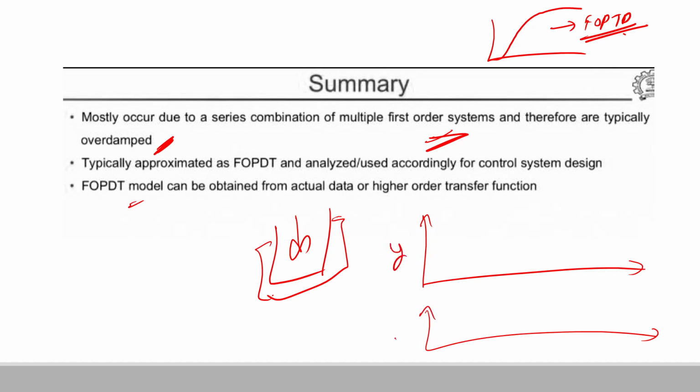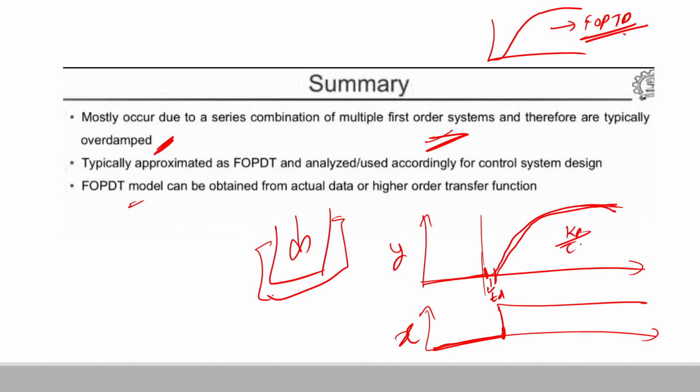This is my response, this is my input X. At this instant I provide a step input to the system, and if I find the response experimentally, I can get such a plot, and based on this plot I can get my FOPTD. I will approximate this as tau d, and over here I can just fit my first order transfer function, that is Kp upon tau s plus 1, and get the desired parameters in order to find this FOPTD model from data.